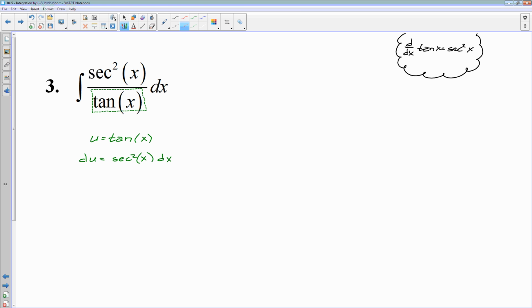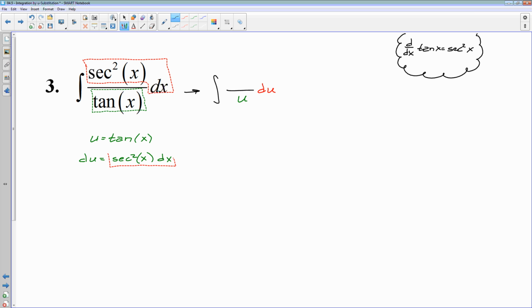And then secant squared x dx, I need to see that for my du, and I do see secant squared x dx right there. So this turns into the antiderivative of tangent x comes out, that's my u, and then secant squared x dx is my du.